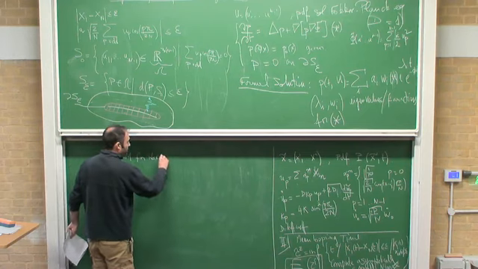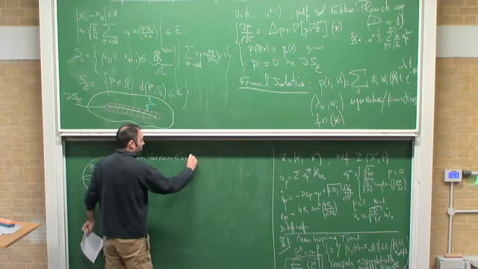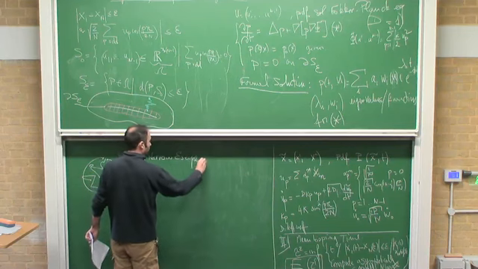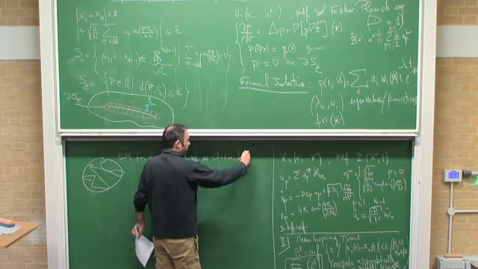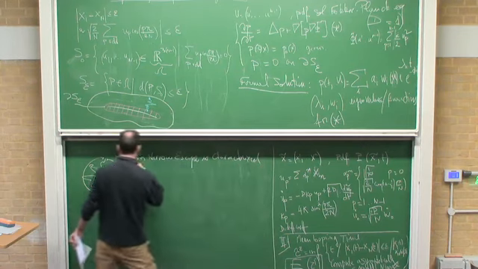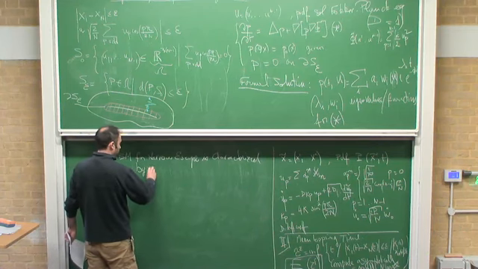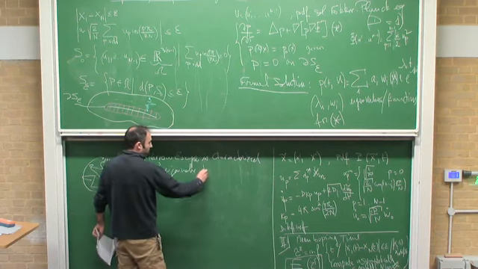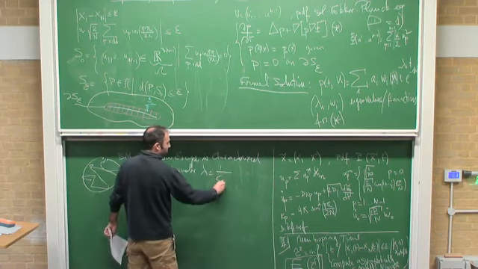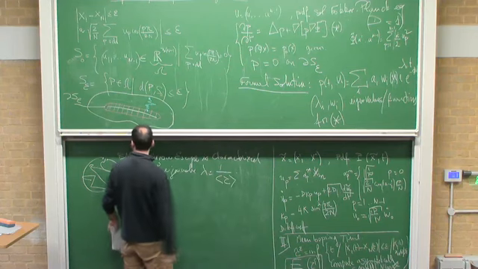For narrow escape, which is characterized by a single eigenvalue, the first eigenvalue lambda, which is exactly 1 over the mean first passage time. And that's it.